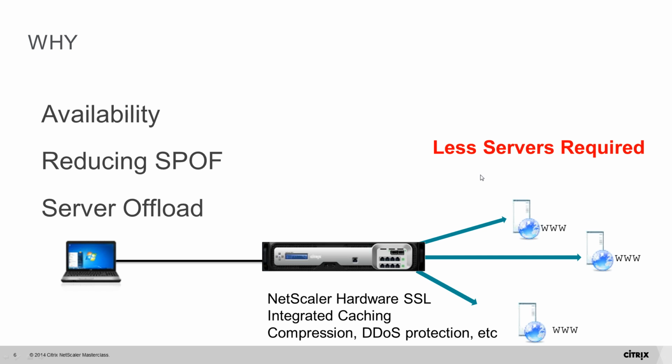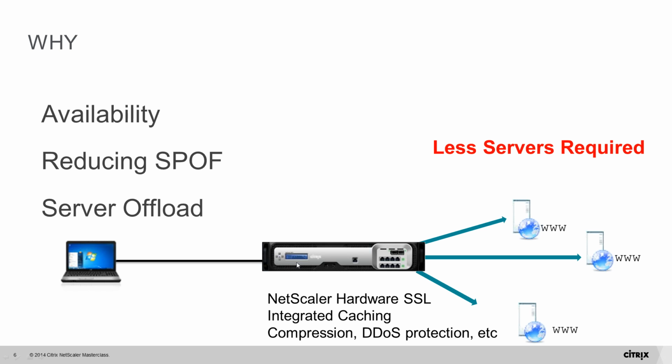Usually what happens is that it's not that you would turn servers off when you deploy NetScaler, but rather if you have an old load balancing system in place and your backend servers are reaching max capacity, you can either choose to invest in more servers, or you can invest in an ADC, which means you do not need then to go off and buy more servers.